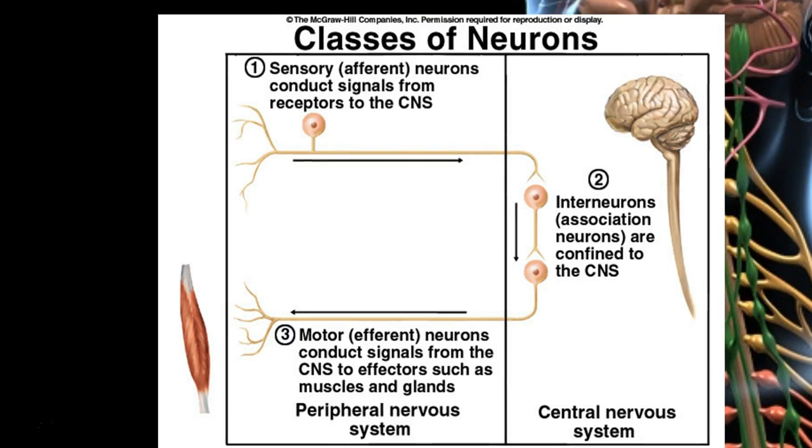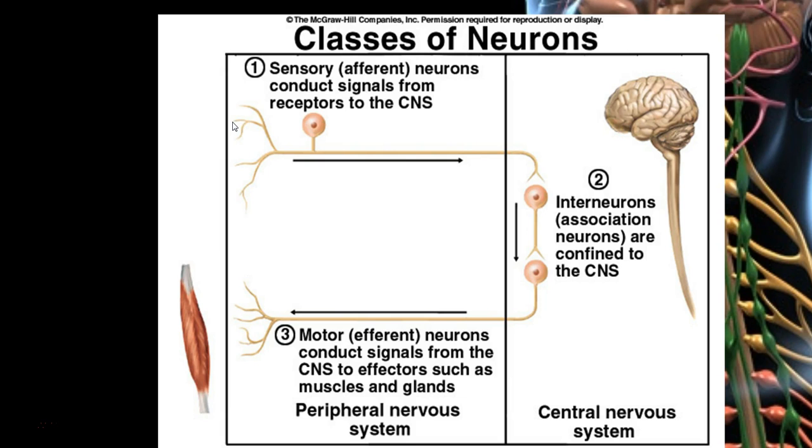So there's a little diagrammatic view of the different neurons and how they're sort of linked up. What you can see in the picture here is a sensory neuron, and you can see it has its little nerve endings here, and they might be attached as an example into your skin. So they're sitting just in your skin surface there, and these particular ones might be there to pick up painful stimuli.